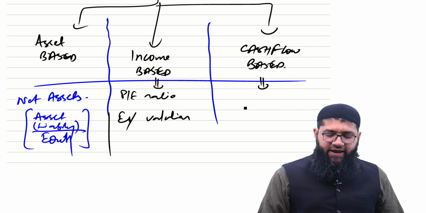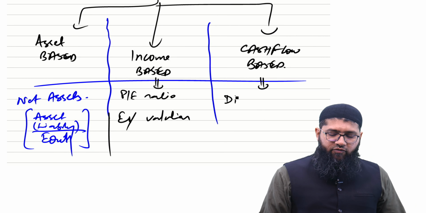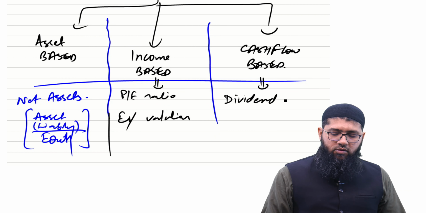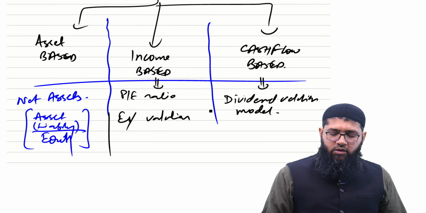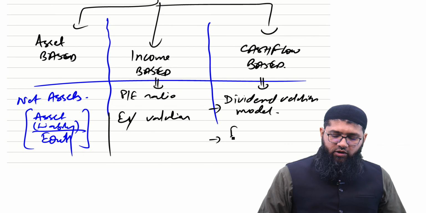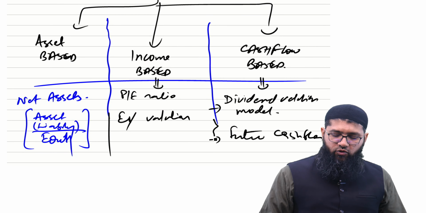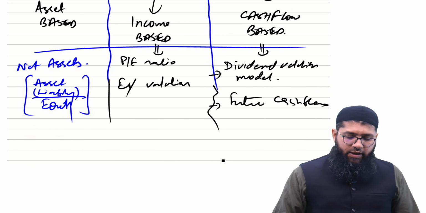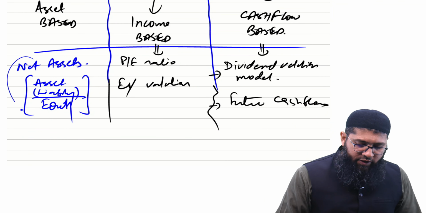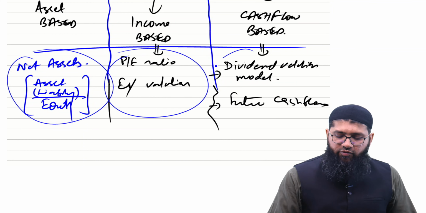And then the third is cash flow based valuation, where you have the dividend valuation model and the future cash flows also. So there could be different types of valuations. Now, let me take you through what exactly is going to happen with all of this.